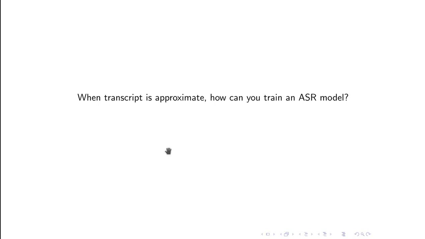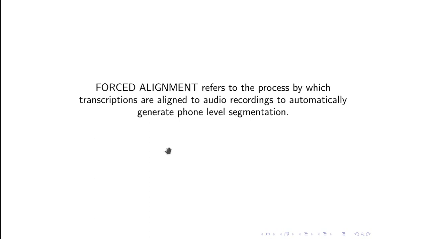This is actually a very well studied problem in speech technology and is referred to using the term forced alignment. So here I have the definition of forced alignment. It refers to the process by which transcriptions are aligned to audio recordings to automatically generate phone level segmentation.